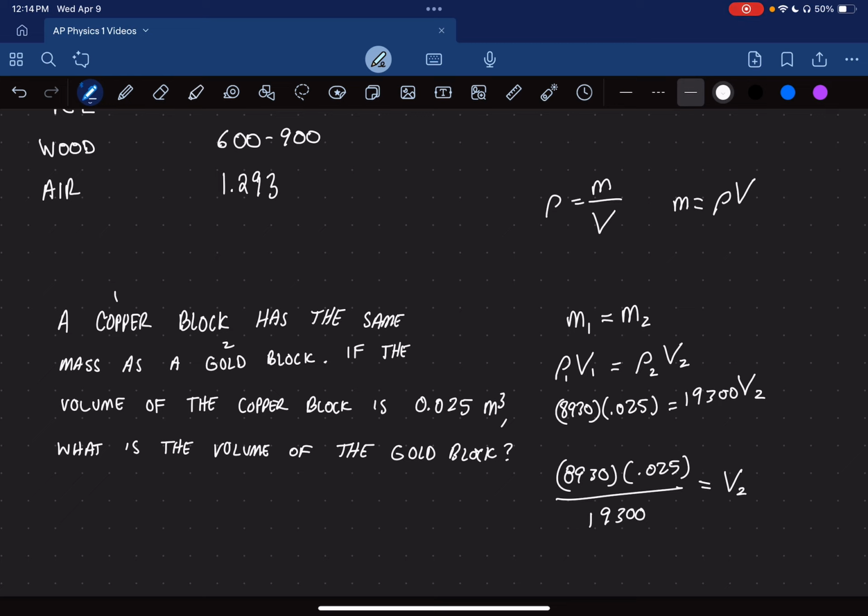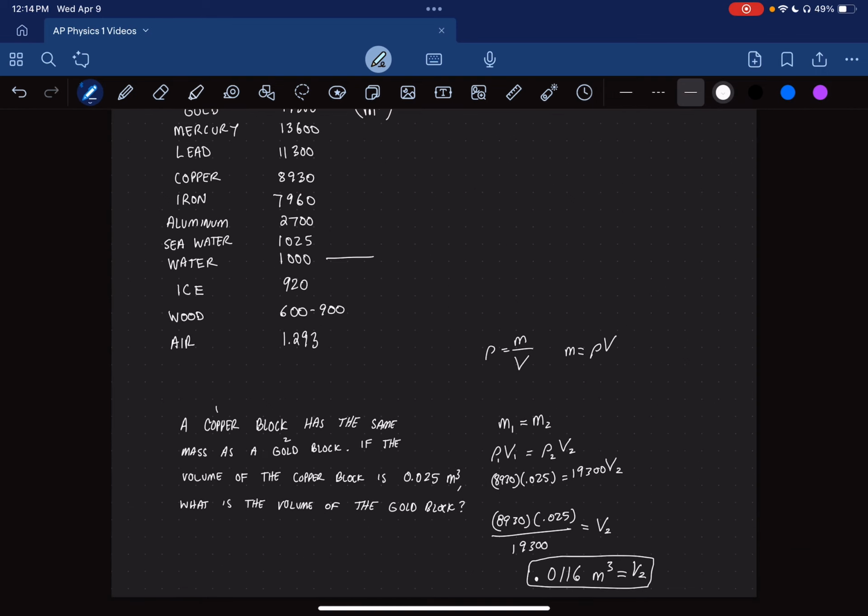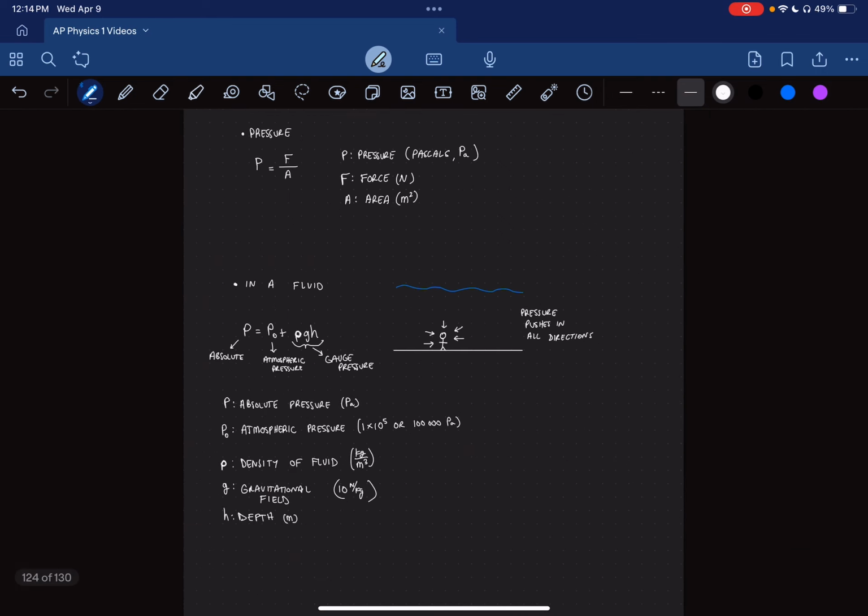Type this in the calculator. I get 0.0116. This is a volume, meters cubed, the volume of the gold. Since gold is more dense, there should be less volume than the copper. Right. Cool. Let's come over here.